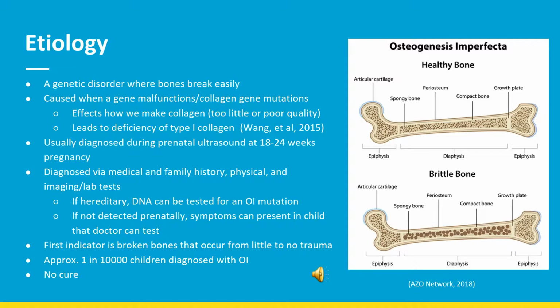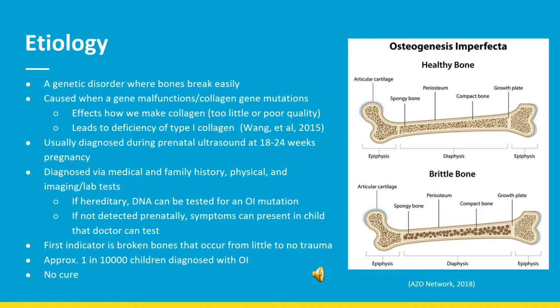The first indicator of this is broken bones that occur from little to no trauma. Approximately 1 in 10,000 children are diagnosed with osteogenesis imperfecta, and there is no cure for it. So individuals with osteogenesis imperfecta are born with defective connective tissue. If a parent or sibling has it, the DNA of the fetus can often be tested for mutations.